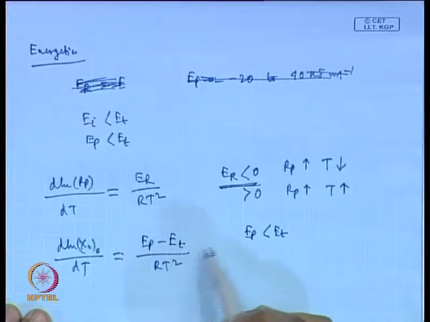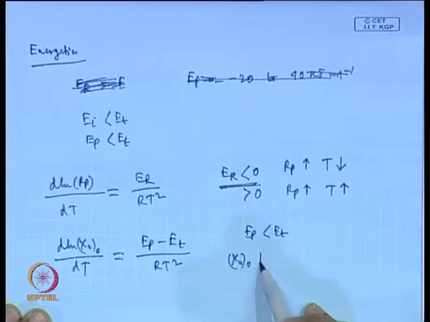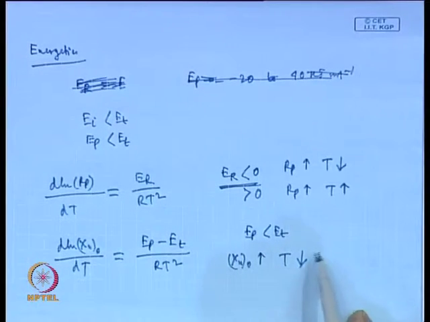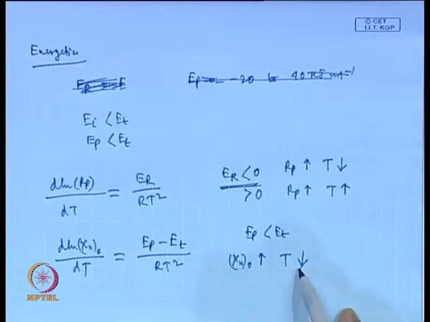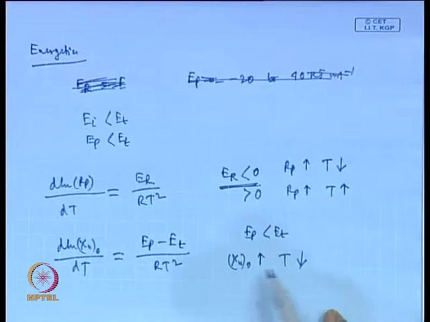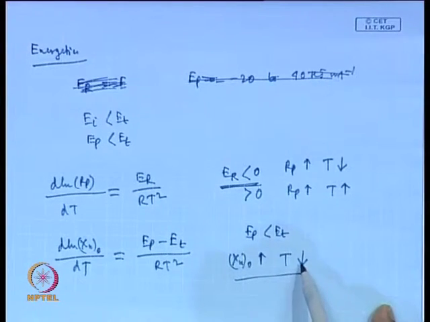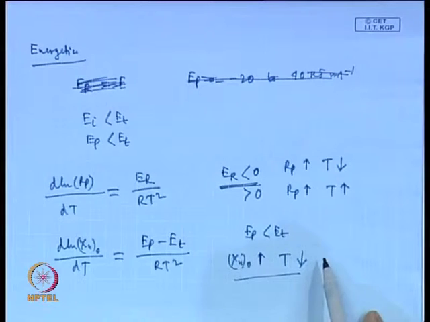So, this is negative, which means that x n 0 goes up with decrease in temperature. So, the molecular weight always goes up if you decrease the temperature of the reaction. That is why cationic chain polymerization is in most cases performed at subambient or sub-zero temperature.